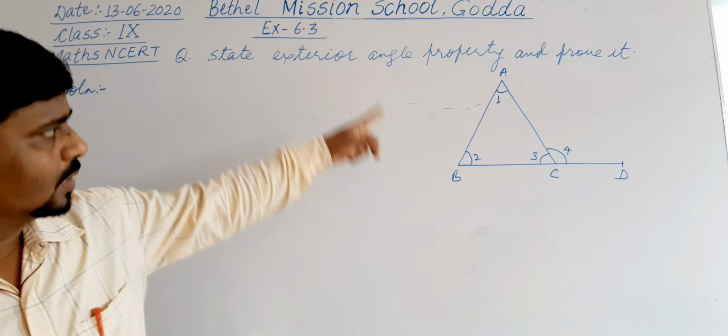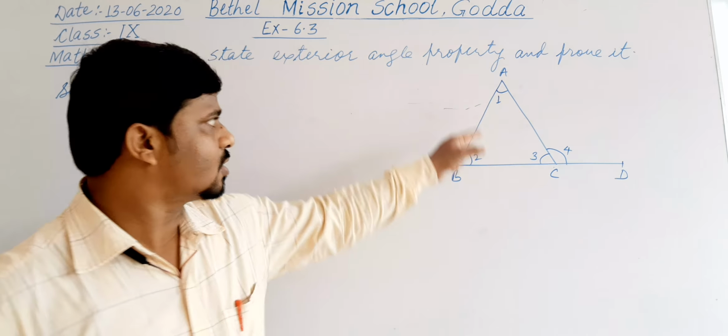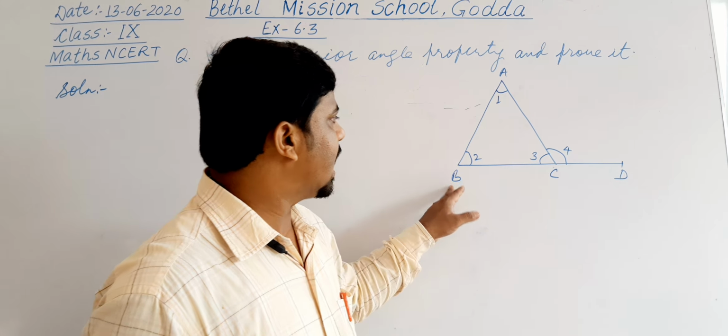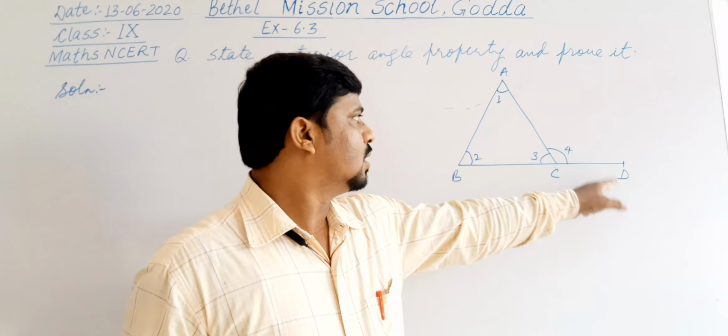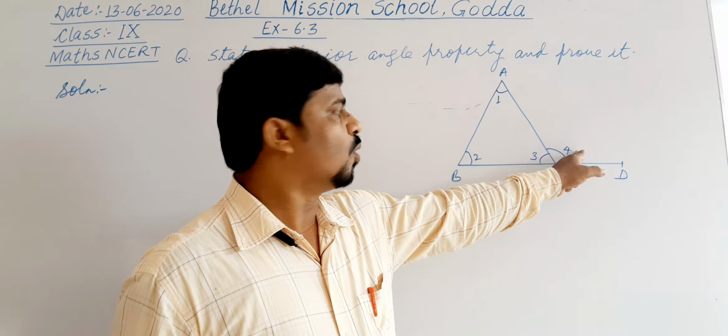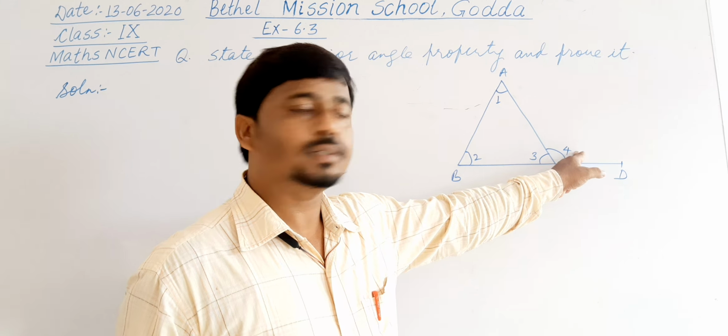In triangle ABC, the side BC is produced to D. Then angle 4 is the exterior angle formed.